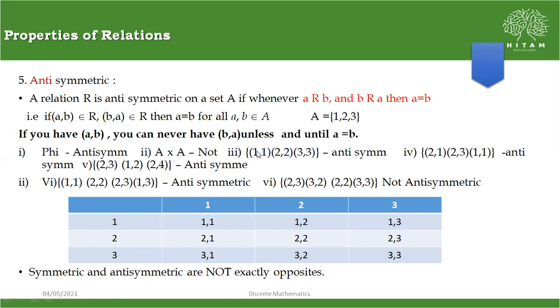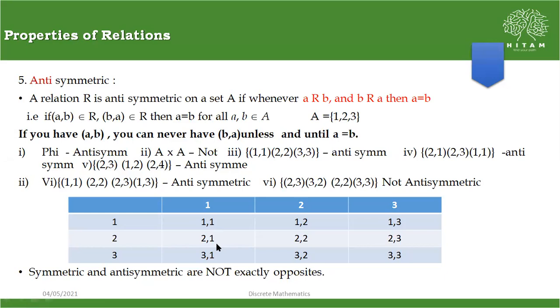Yes, we discussed this in the last class. It is an anti-symmetric relation. And one more combination: if you have (A, B), you can never have (B, A) unless and until A equals B. That's why if we have 1 comma 2, 2 comma 1 should not be there.